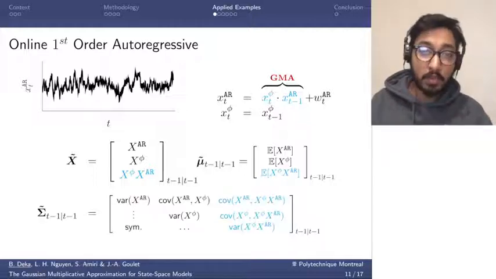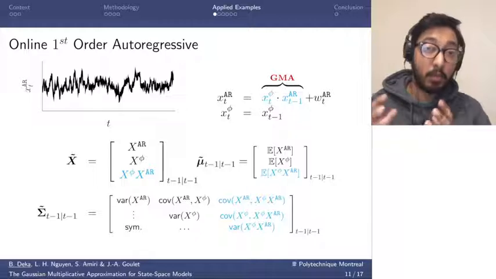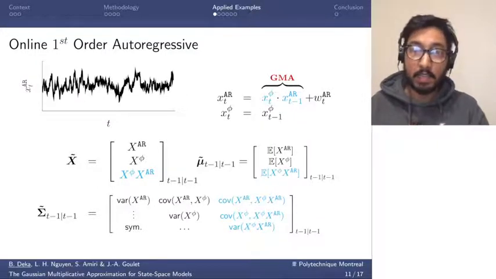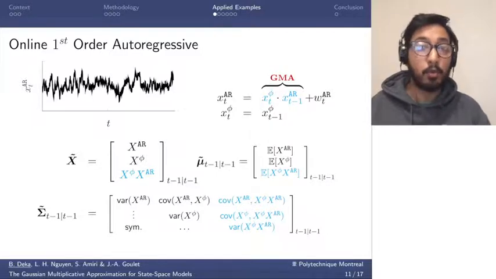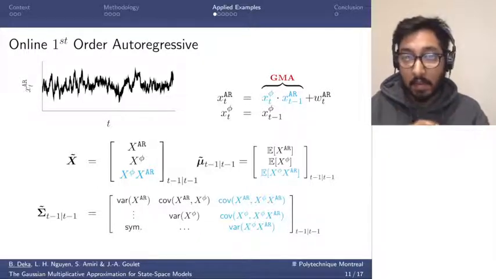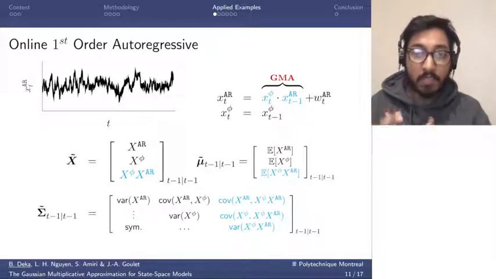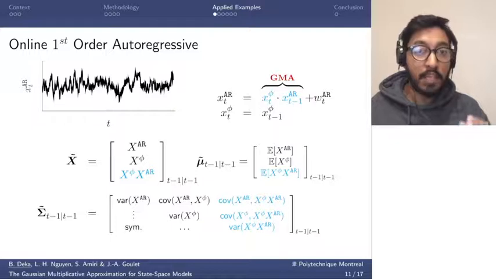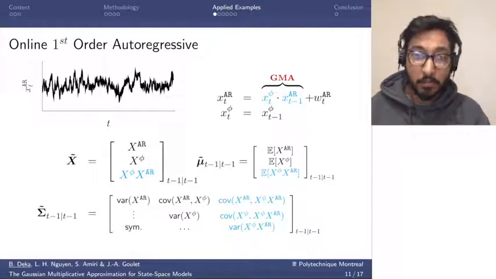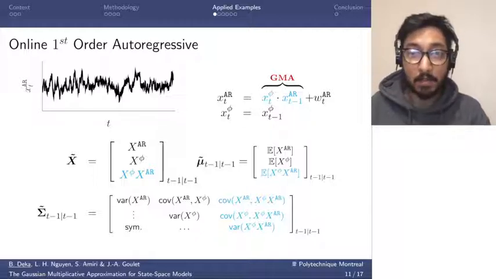Similarly, for the covariance matrix, the only terms you need to focus on are the terms in blue, because all other terms are for a single hidden state, whereas the terms in blue are the covariances associated with the product term. So we have the covariance of x_AR and x_phi times x_AR, the covariance of x_phi and x_phi times x_AR, and the variance of the product x_phi times x_AR.